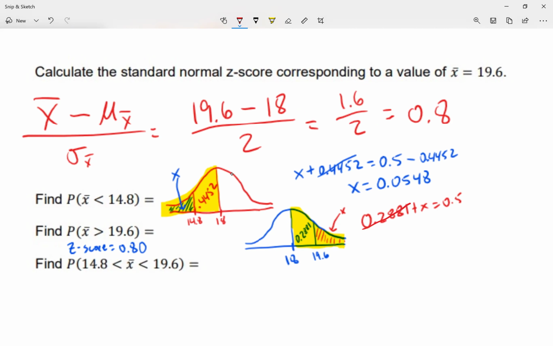So I have to subtract 0.2881, and I get that x is equal to 0.2119. Okay, that's not bad.